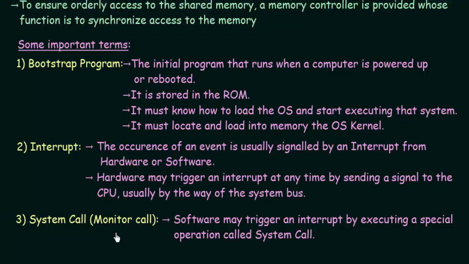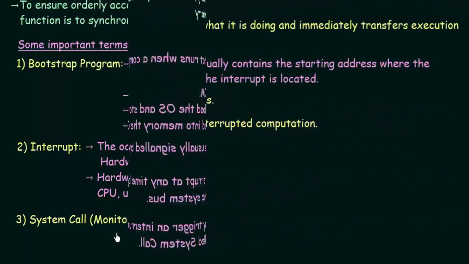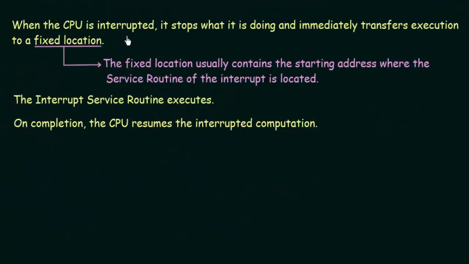I hope that made clear to you what an interrupt actually means. Now let us see how the CPU responds when it receives an interrupt. Here it says when the CPU is interrupted, it stops what it is doing and immediately transfers execution to a fixed location. I already told you how an interrupt can arise either from hardware or software.